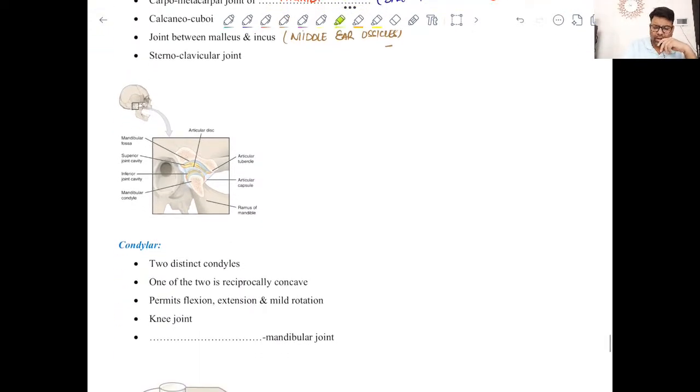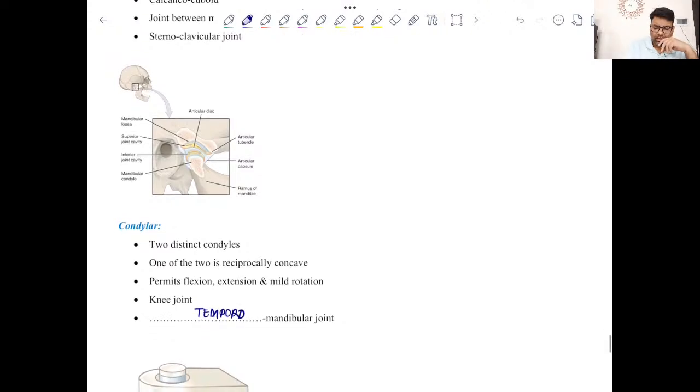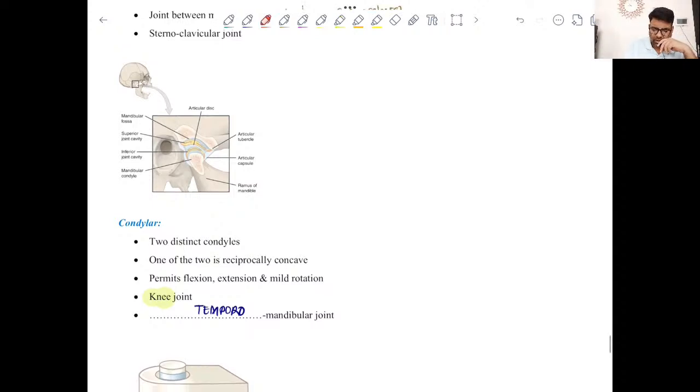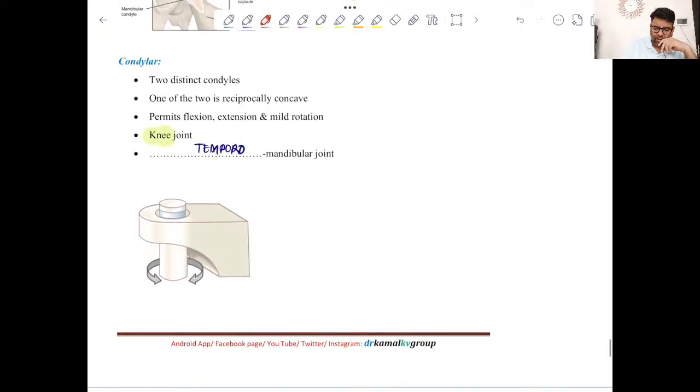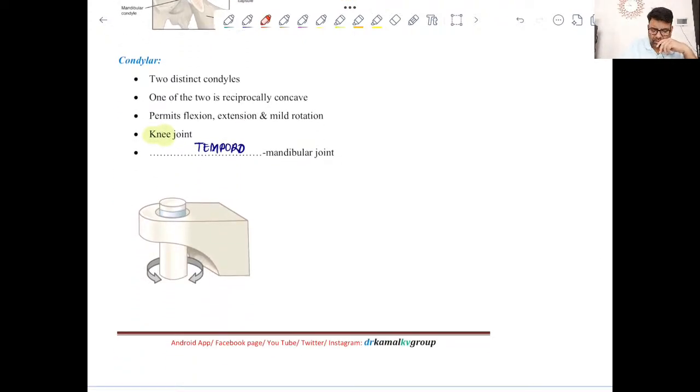Then coming to condylar, and especially the joint of our jaw, that is temporomandibular joint. Knee is also taken as a complex condylar joint, and here there can be flexion, extension, or a slight degree of rotation, right? So this is the condylar joint. Then coming to pivot joint, there is a bone which forms the central axis, and the other bone rotates around that.